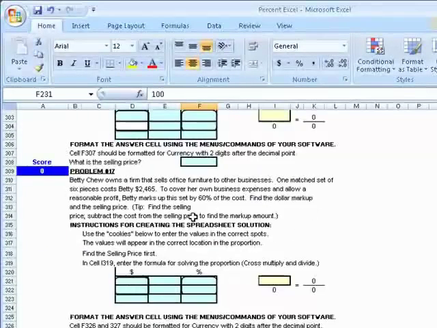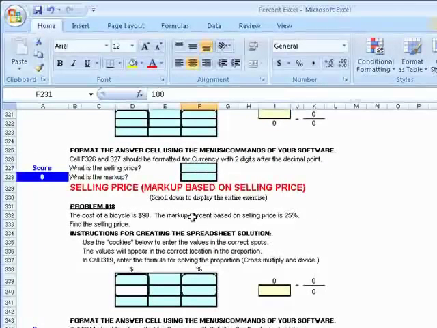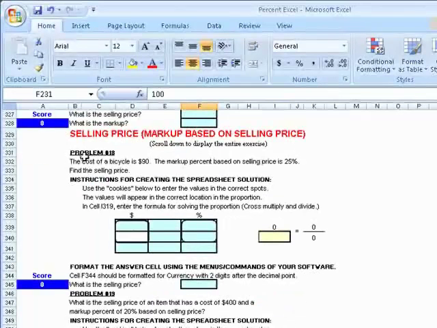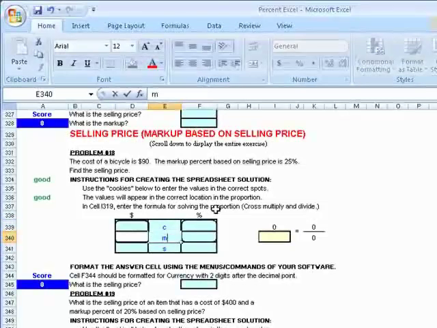Let's do one more. Let's try this one down here, number 18, selling price, markup based on selling price. The cost of a bicycle is $90. The markup based on selling price is 25%. So the cost goes here. S is the selling price. Cost and markup.